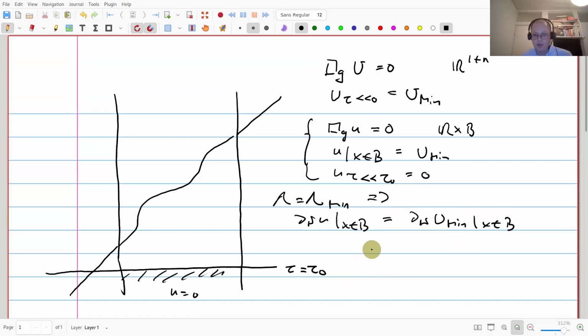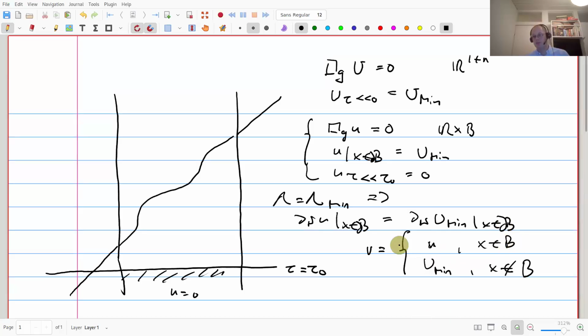Now I'm going to define another function v, which is defined in a piecewise manner. It's u when you're inside the cylinder, and it's going to be just the Minkowski plane wave when you are outside the cylinder. And now you see this u has the same boundary condition as the Minkowski plane wave, and it also has the same normal derivative on the boundary.